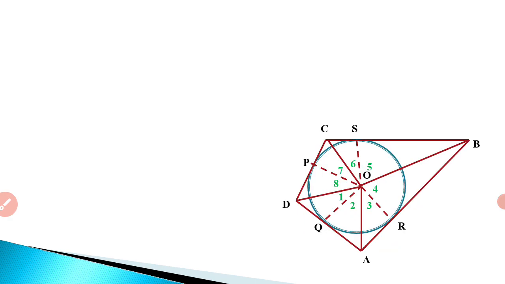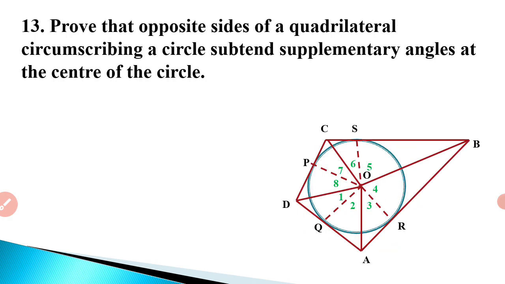Now, let's begin with the next question, that is question number 13, and this is the last question of this chapter. Prove that opposite sides of a quadrilateral circumscribing a circle subtend supplementary angles at the center of the circle. Now, opposite sides of the quadrilateral, let me consider AD and BC in this case initially.